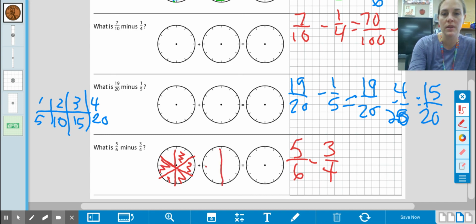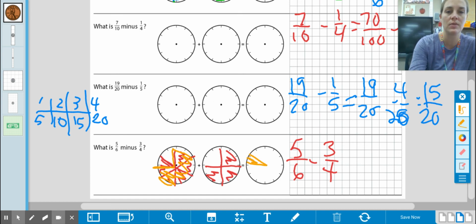And then 3/4. 1, 2, 3, right? If I am subtracting that, I see that this line here comes right out to here. Here is my 3/4. If I subtract that off, I'm left with one of those sections right here.